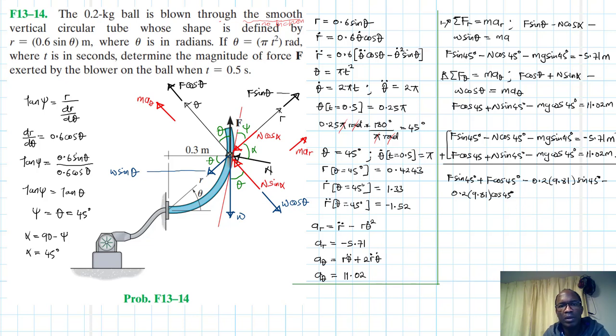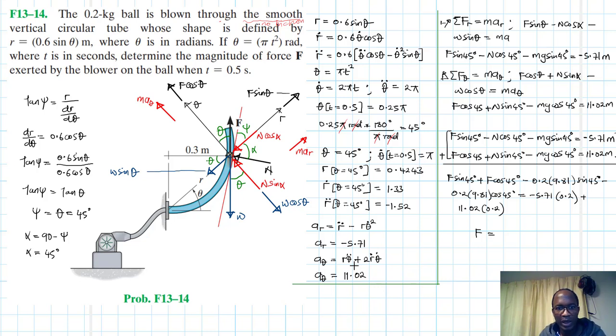Okay, what else do we have? Alright, and this is just going to be equal to minus 5.71 times 0.2, that's the mass, plus 11.02 times 0.2 kg.